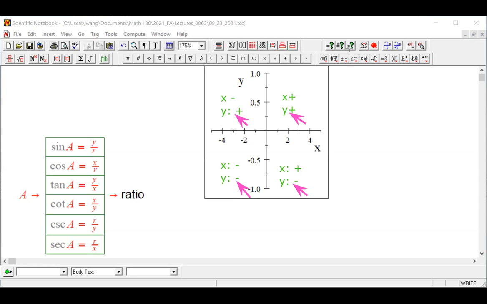For cosine, I'm going to use blue. Cosine is x over r. R is always positive. So what happened to x? X is positive in the first quadrant, negative in the second quadrant, negative in the third quadrant, positive in the fourth quadrant. So what does that tell you about cosine? Cosine is positive, negative, negative, positive. Are you guys with me? And look at principle number 6. Do you follow me?